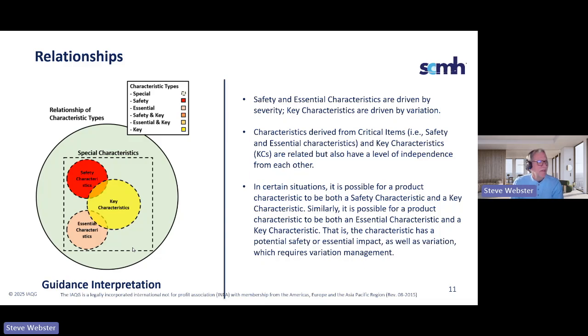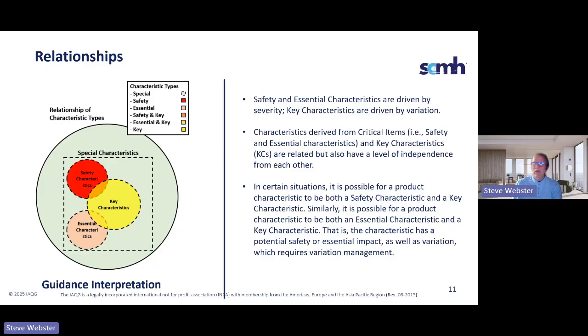And what that implies is that you can have a safety characteristic which is going to have its own designator, and that safety characteristic may benefit from variation management, which would then involve adding an additional symbol or designator for a key characteristic. And the same can be said for essential.